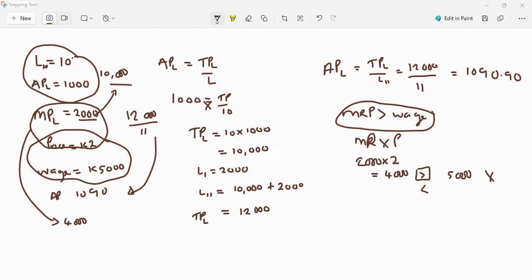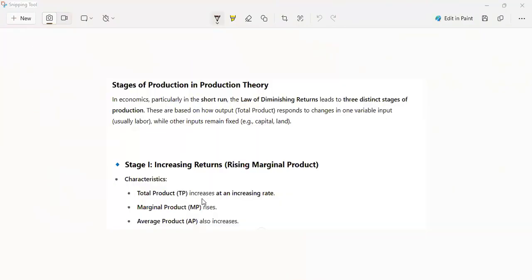So there's stage 1, which we call increasing returns. In stage 1, where we have increasing returns, the following happens. Number 1, the total product will increase at an increasing rate.